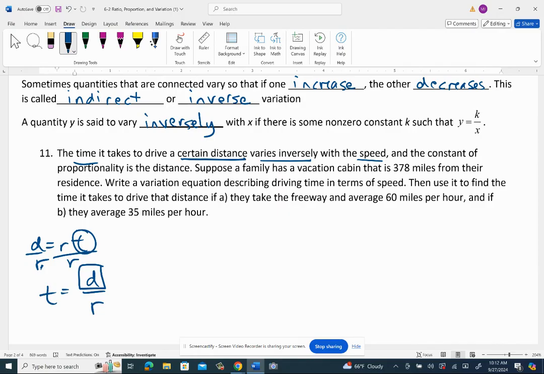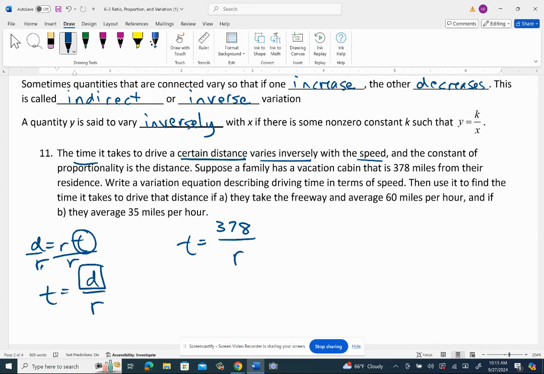So if a family has a cabin that's 378 miles from their residence, that 378 miles is like a fixed distance, then we could write a variation equation describing the driving time in terms of the speed, and it would be t equals 378 divided by r. Okay?